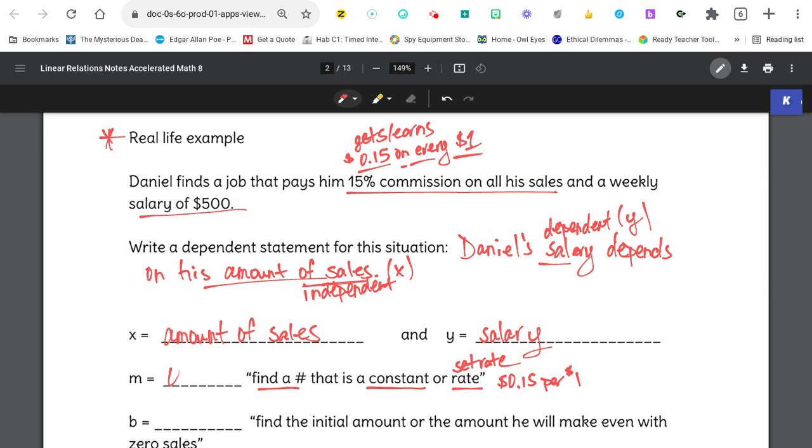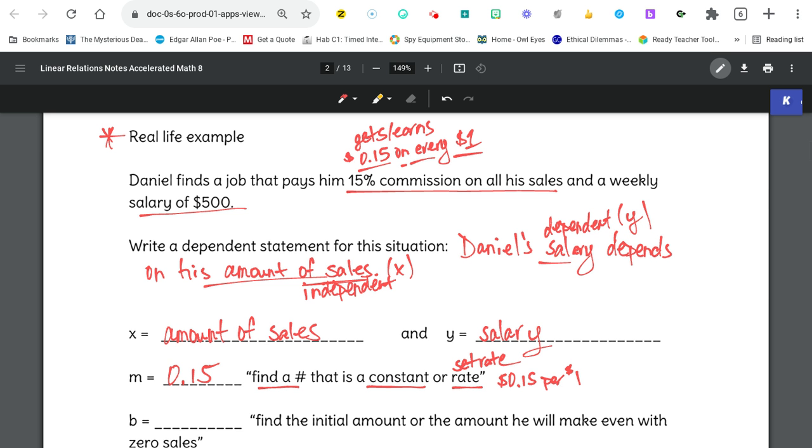So our M would be 15 cents. Don't put 15% because when we write a percent in terms of a number, we write a percent in decimal form. So 15% in decimal form is 0.15. So that's our constant rate of change, okay? Or our set rate. I hope that makes sense.